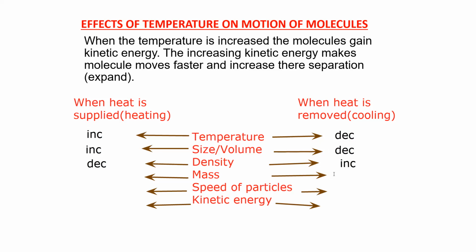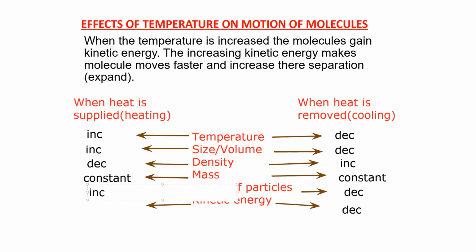The mass of an object remains constant unless the number of particles changes by any means. Mass does not change. When cooling, the speed of the particles and kinetic energy decrease, whereas when heating, the speed of the particles, kinetic energy, and the separation of the particles will increase. So whenever we are supplying heat energy and the substance changes its size, we call that expansion.